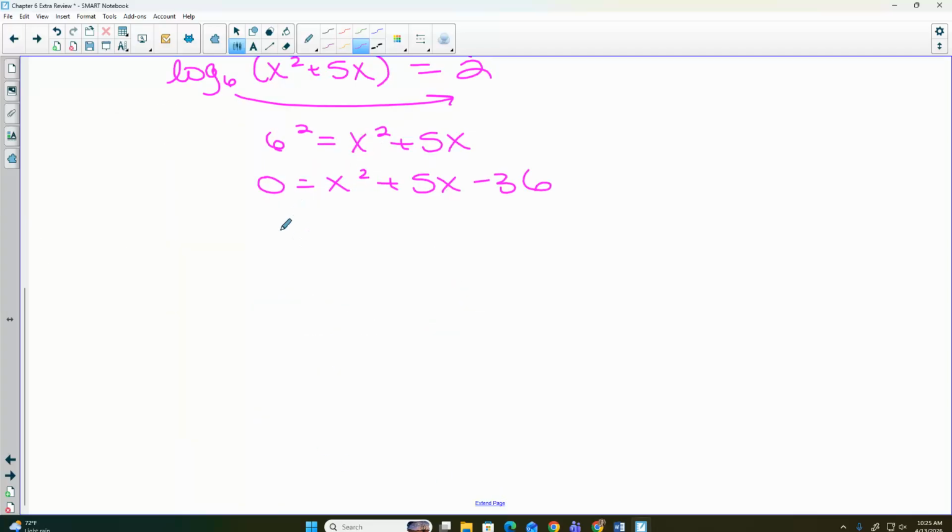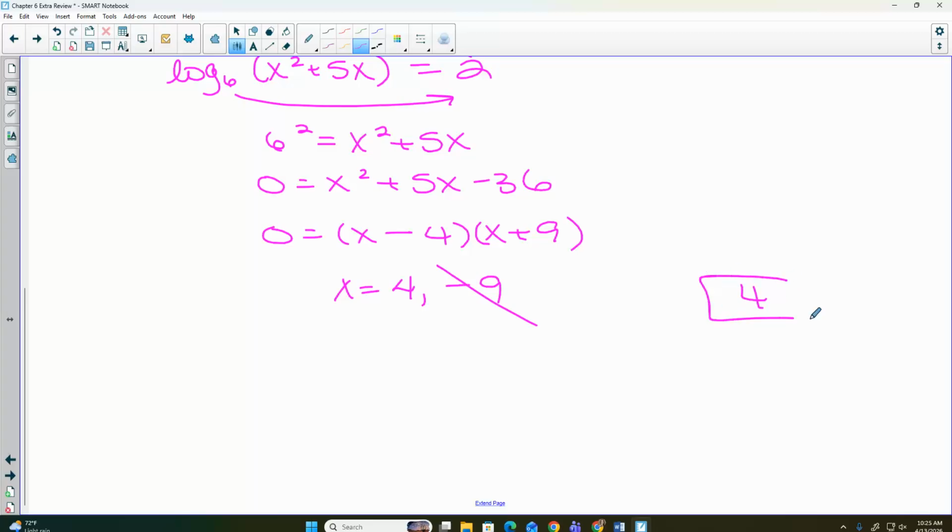Multiply to negative 36, add to positive 5. Set those to 0 and we get 4 and negative 9. When we check, arguments have to be positive. Are both of those okay? No. Negative 9 does not work, so 4 is our only answer.